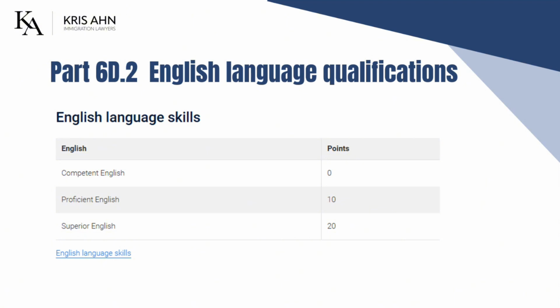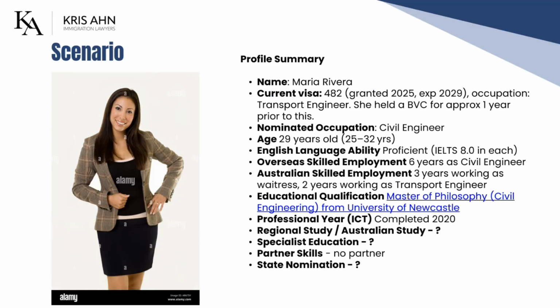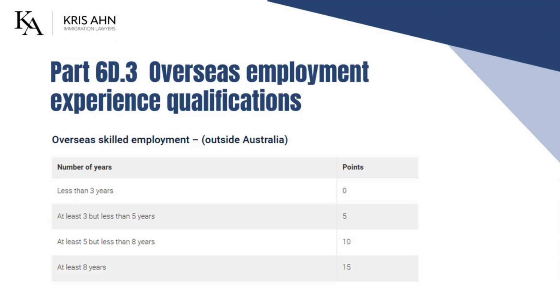Let's go on to overseas skilled employment. She's done 6 years as a civil engineer. Wow, okay. One of the things that we need to think about is that whatever she was doing, she could get 10 points, but it has to be at least 20 hours per week.